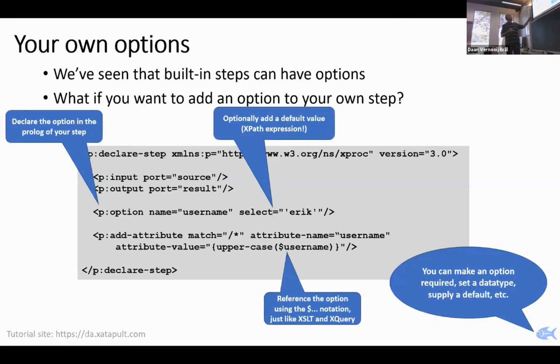And then I reference this option using, like in XSLT, a dollar sign in front. In this case, I add an attribute with the uppercase of the username to the document I put in. So that's just like XSLT, actually options are quite comparable to parameters in XSLT.